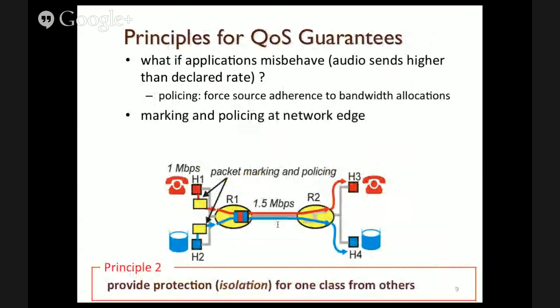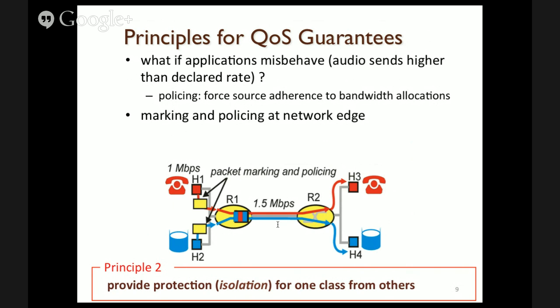What do I mean by misbehaving? By misbehaving, I mean that basically this flow declared a given bandwidth, let's say 1 megabit per second, and then it's trying to push more into the network. And of course, if it tries to push more, that might cause problems for the other flows.